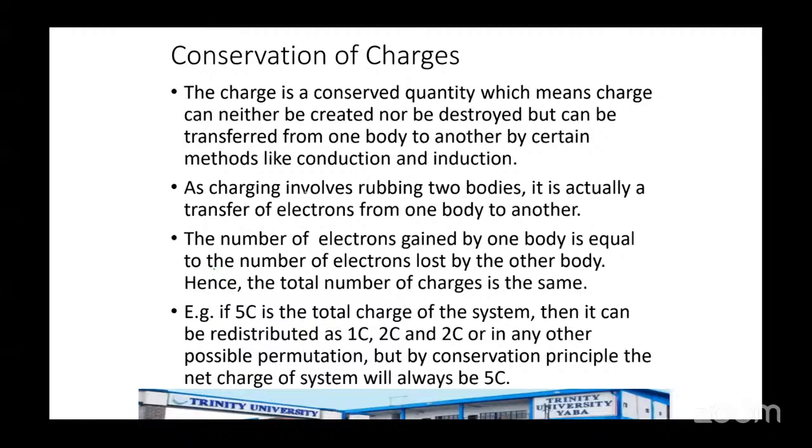I've explained this before. The amount of charge lost by a body is the same amount of charge gained by another body. When two bodies rub against each other, one body loses electrons, while the other body gains electrons. So the amount of electrons lost by one body is equal to the amount gained by the other body.